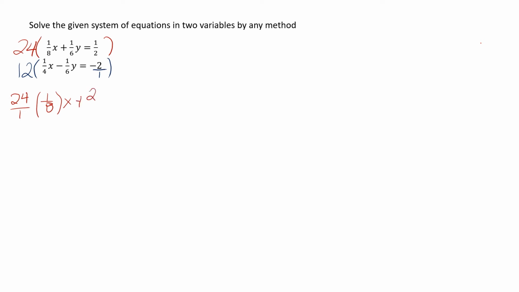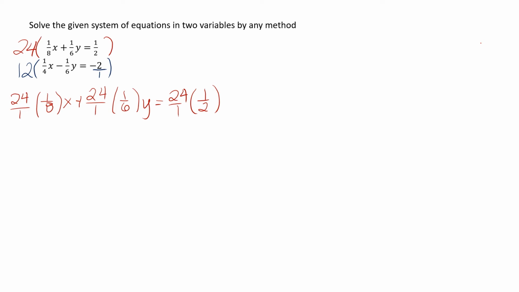Plus 24 over 1 times 1 over 6 times y equals 1/2 times 24 over 1. Okay? Let me just reverse this really fast, just so we have a cohesive thing going on. Okay. I just switched them.